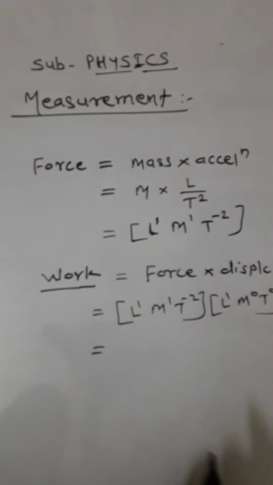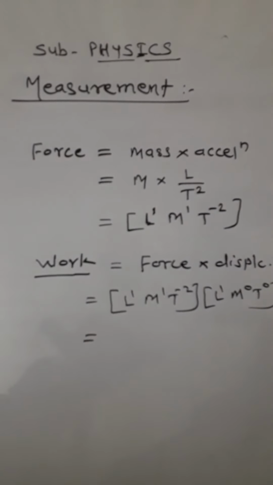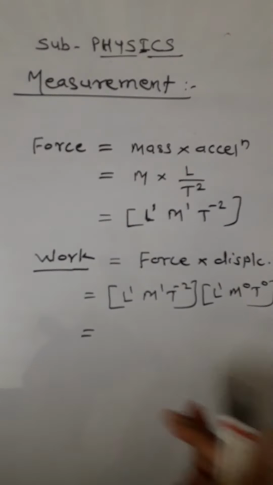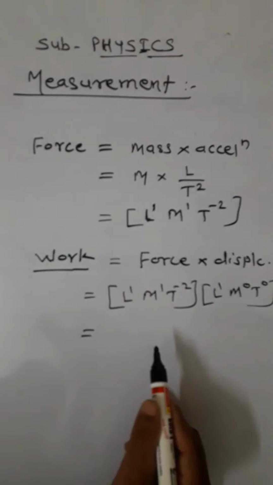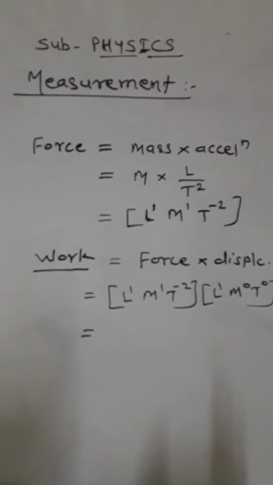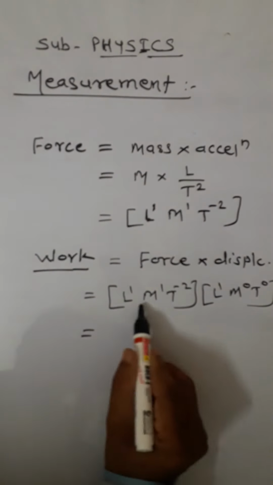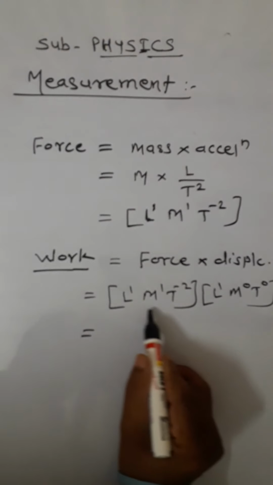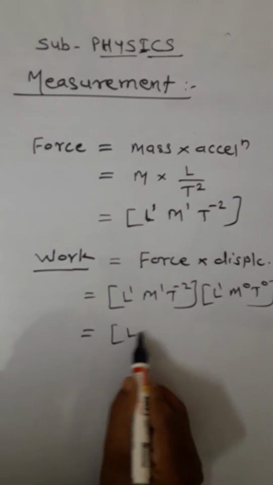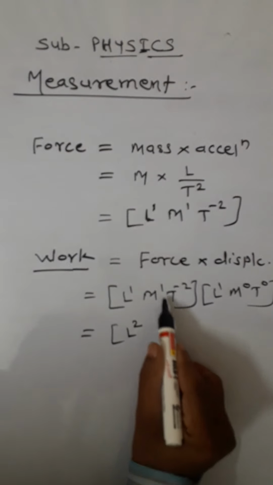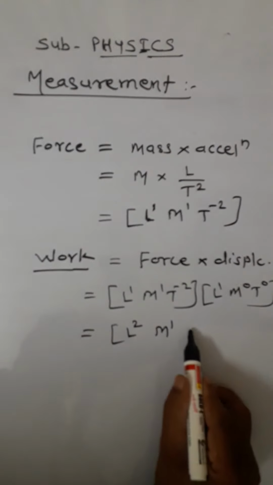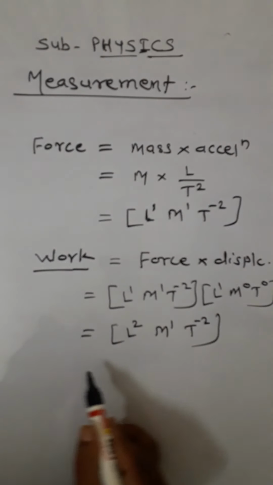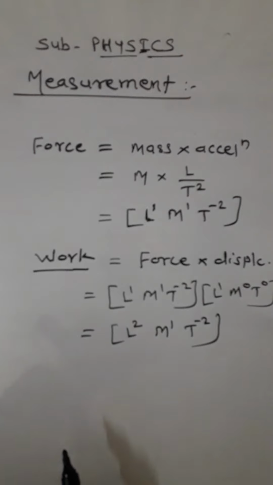Then you can use the index rule, and that index rule is nothing but, you know that for the same base in multiplication, there is the addition of the powers. If there is the division, then there is the subtraction. Then add the powers of the same base, therefore here L1 becomes L2, then 1 plus 0 is also 1, -2 plus 0 is -2, and this is nothing but the dimension of the work: L2 m1 t minus 2.